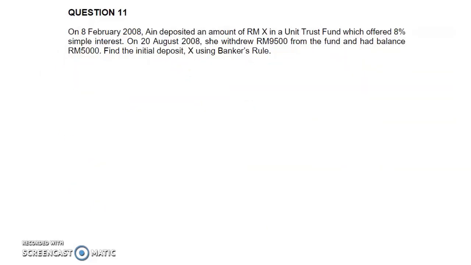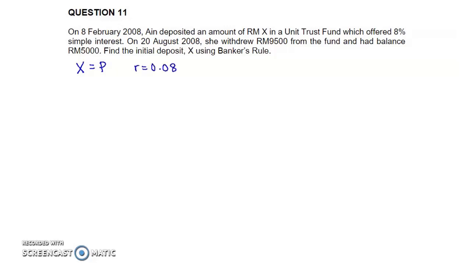Okay, now look at question 11. On 8 February 2008, Ain deposited an amount of RM X in a unit trust fund which offered 8% simple interest. So here X equal to value principal. So rate offered was 8%, so R is 0.08.